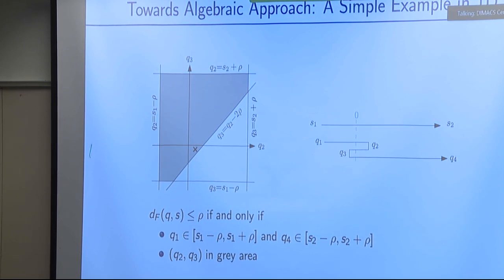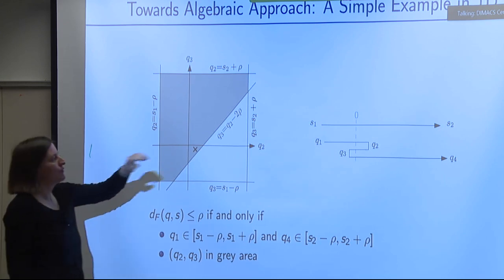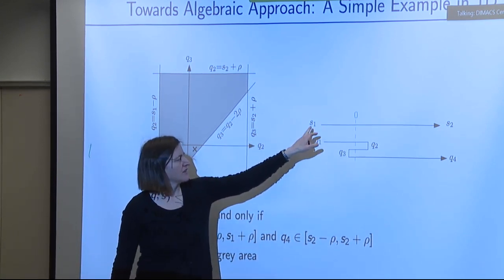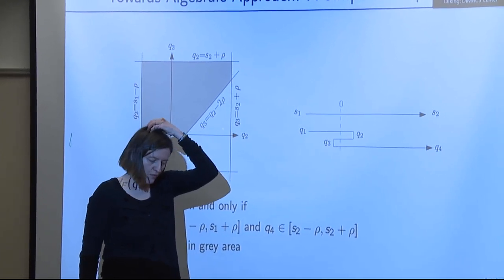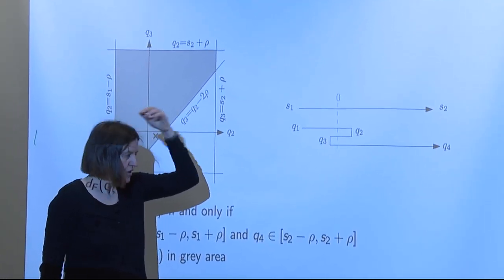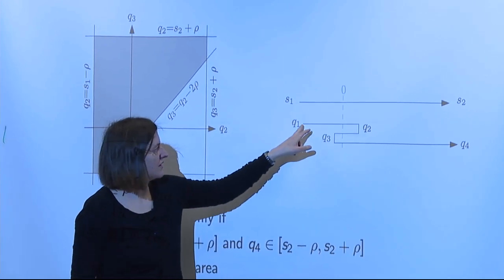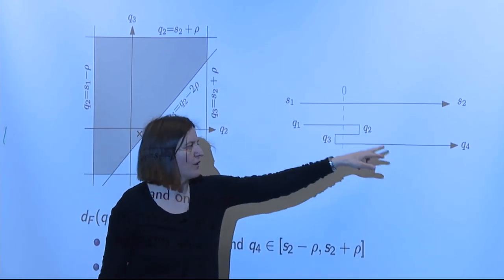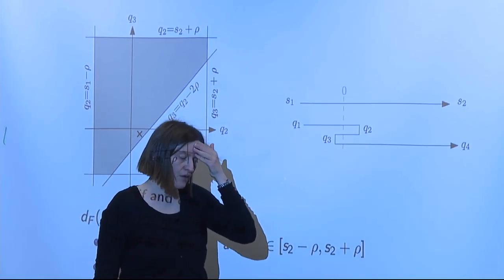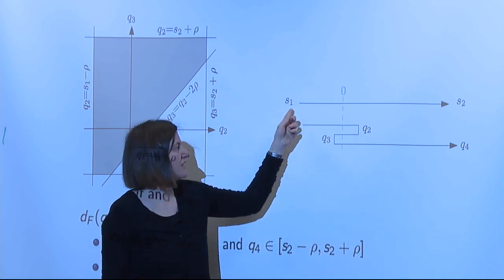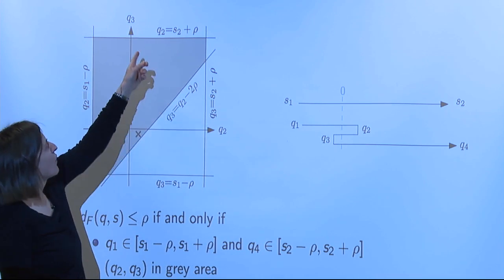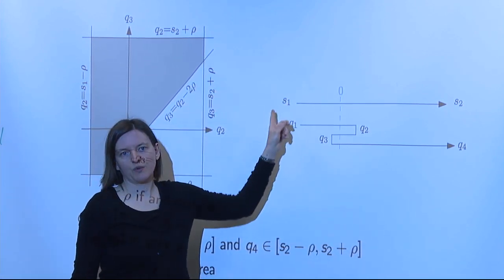So we look at the query space. Here we have S1, S2, an input curve, and Q, my query, and I want to know: for any curve Q with 4 points, what is the shape of the range that lies within Fréchet distance rho to this very simple input curve?